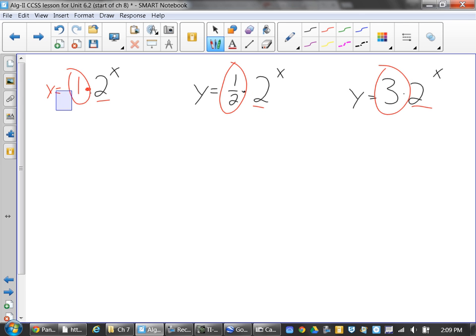This is what we call the parent function. These are parent functions. But what happens after the parent function, what do we introduce? The shift, the h and k. Y equals a times b to the x.